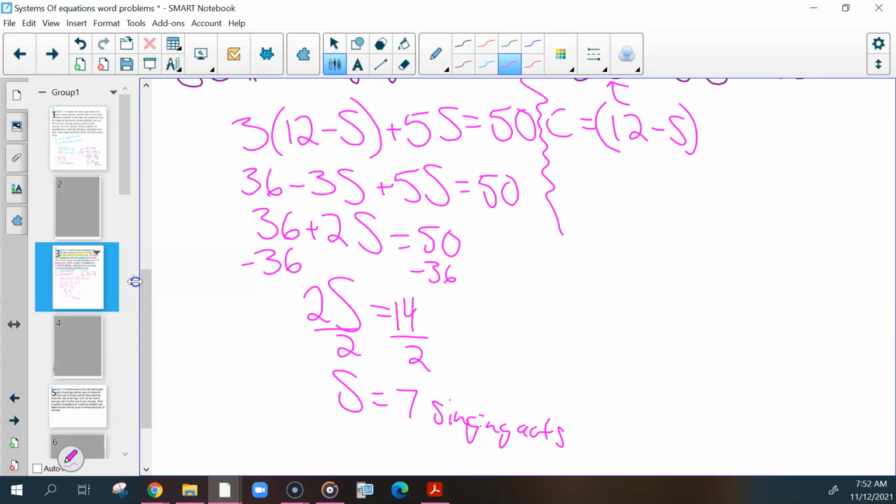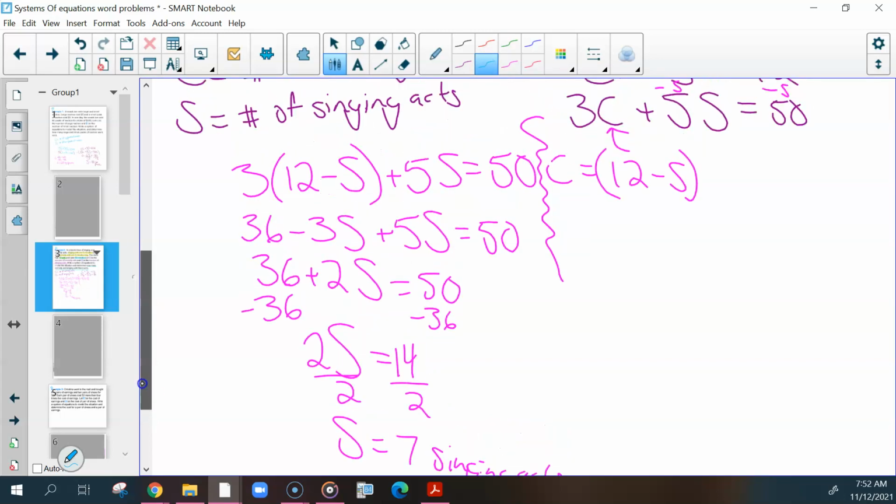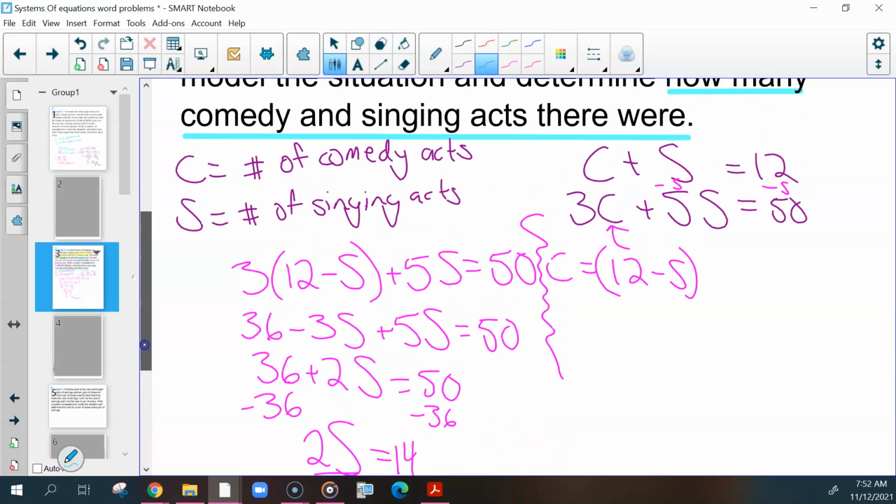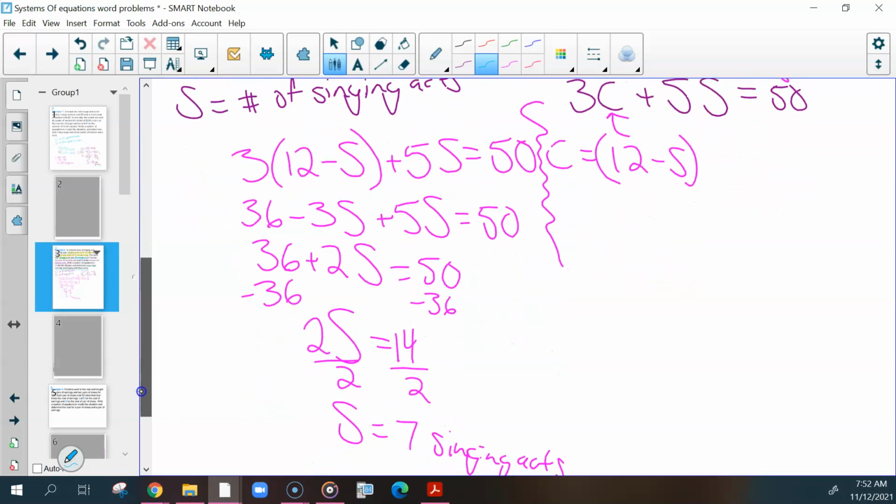And then once we find S, we can go back and find C. Put it in whichever equation you want. In this case, since we solved for C, I'm going to put it back into the C equation.